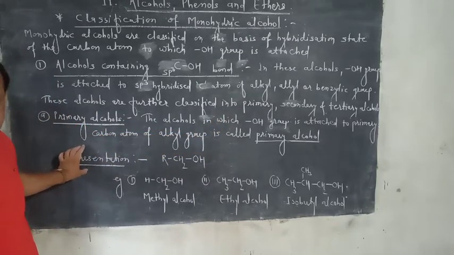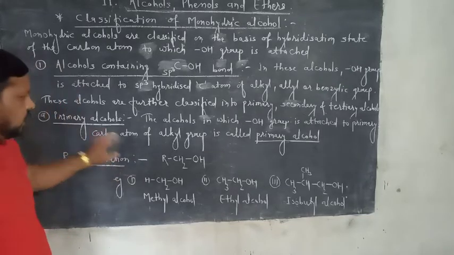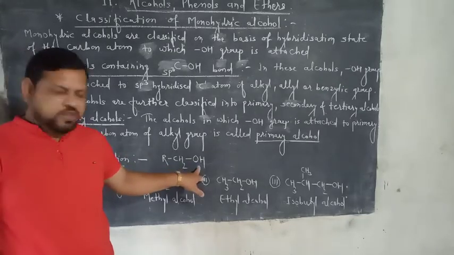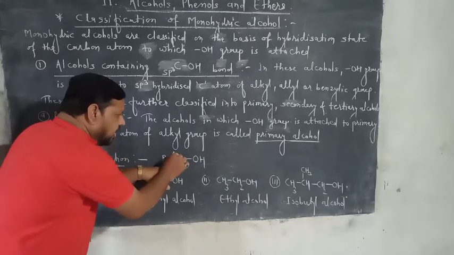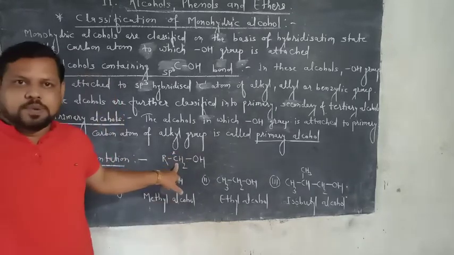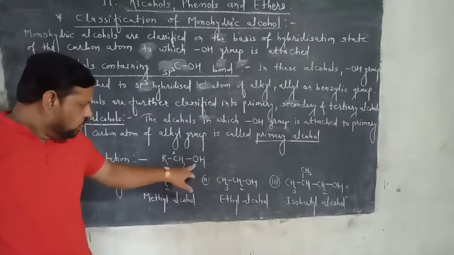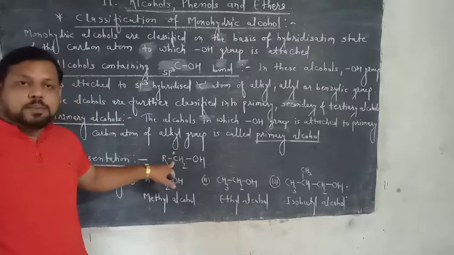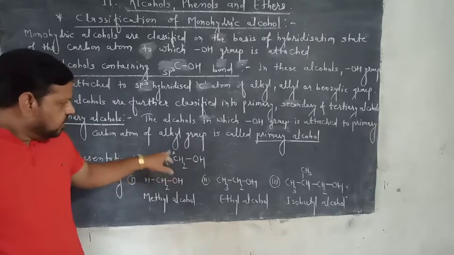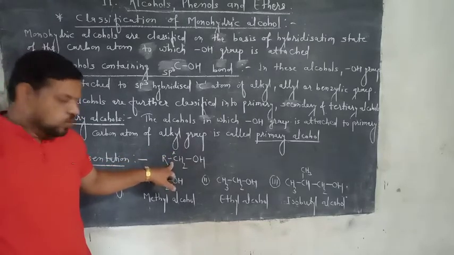The representation of a primary alcohol is RCH2OH. In this, this carbon atom is the primary carbon atom. This OH group is attached to this primary carbon atom, hence this alcohol is called a primary alcohol.